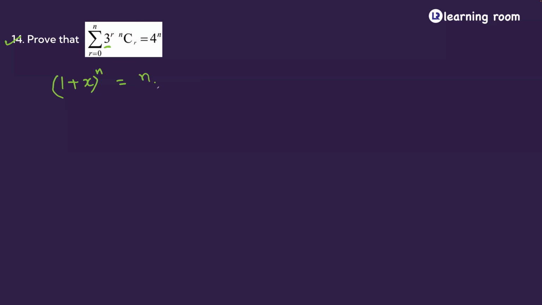Observe. Can I write this as NC0 plus NC1 into x plus NC2 into x square plus NC3 into x cube plus so on plus NCn into x power n? Can I write it like this? Now see, if I want 4 power n, what is the value of x I need to substitute?